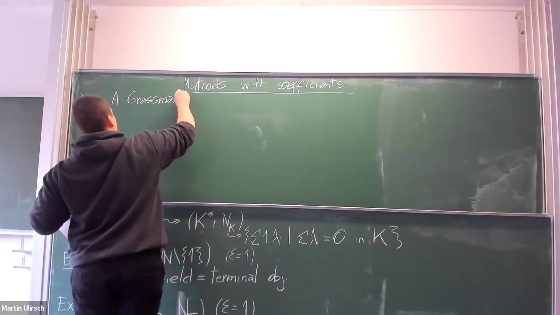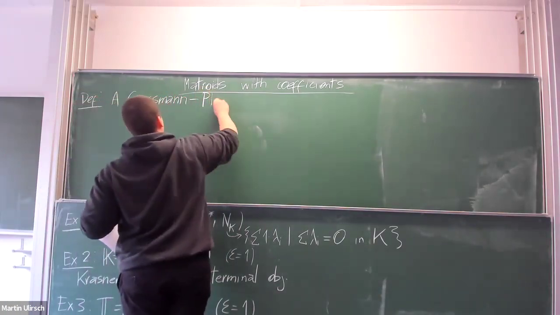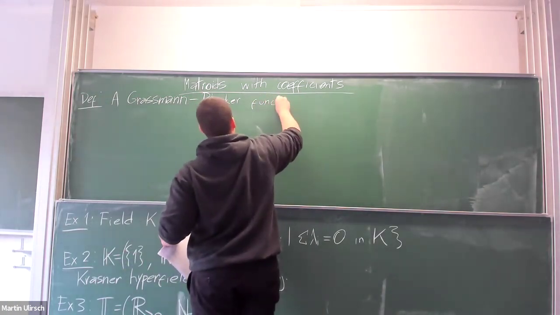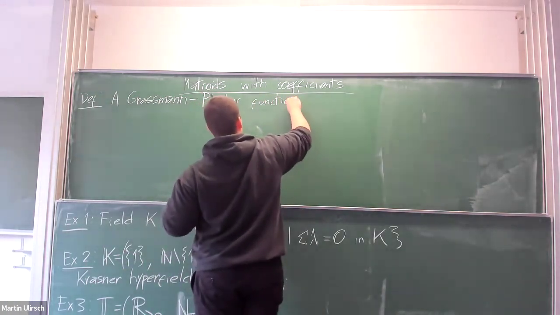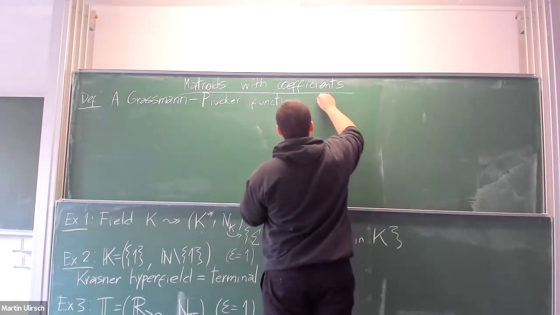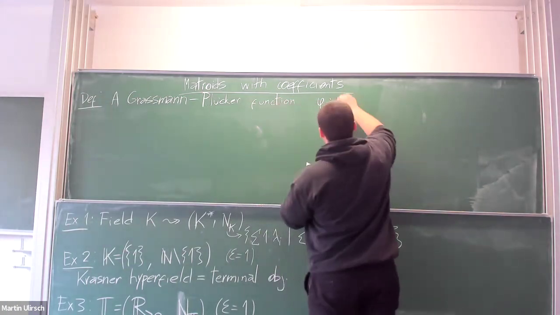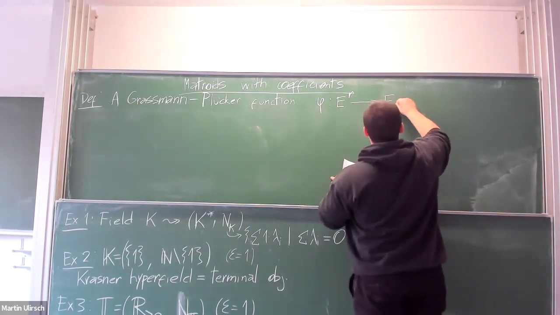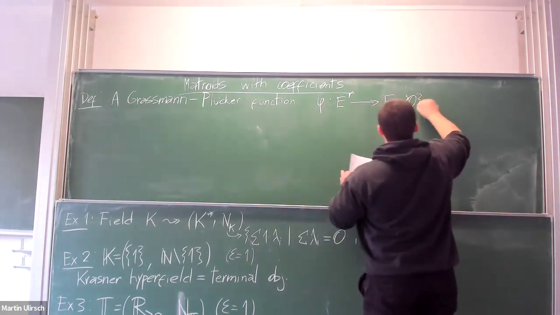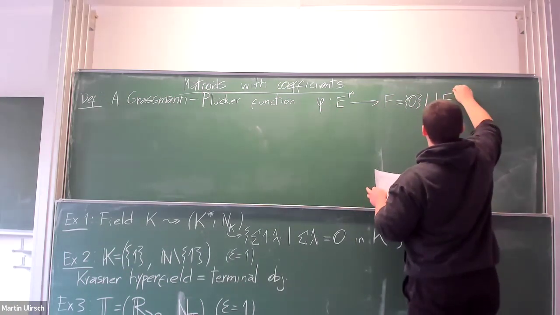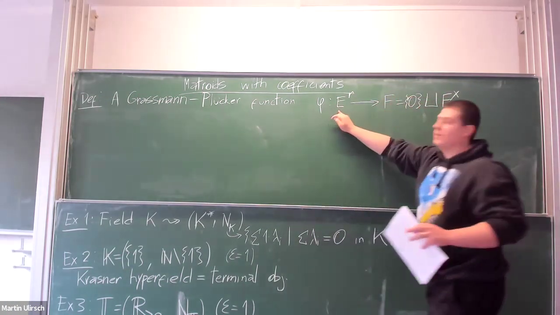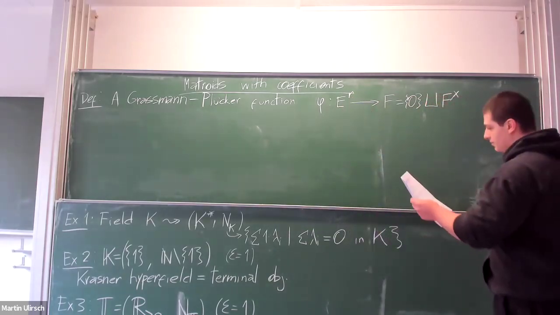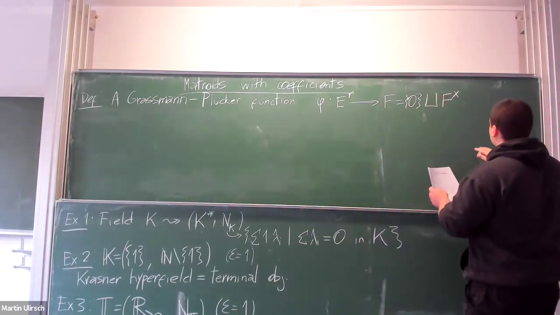Here, E is my finite set from before, and this r is just a finite number, a natural number.